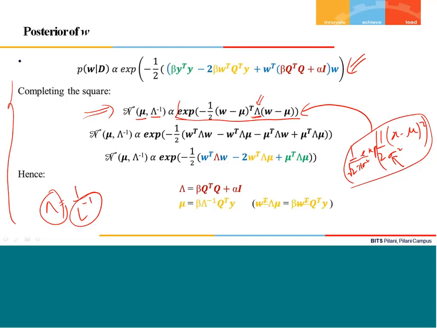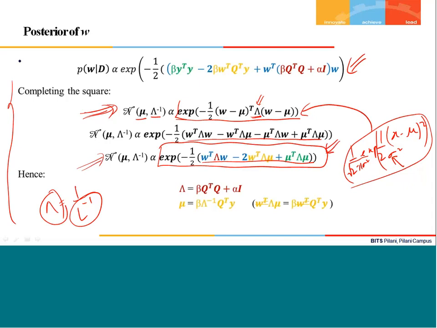So when we multiply it, we get this thing. Finally, what I am trying to say is that if you have a multivariate Gaussian expression, the form of it is this. So every time you see this form, you can say that this is a multivariate normal distribution.